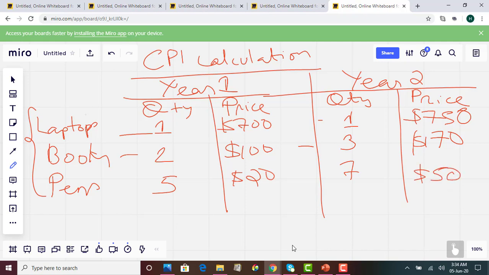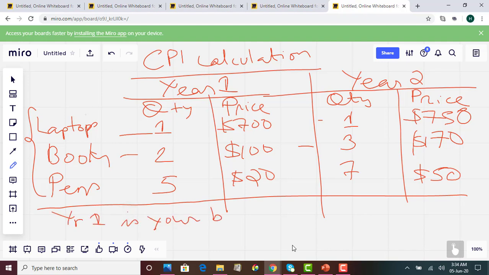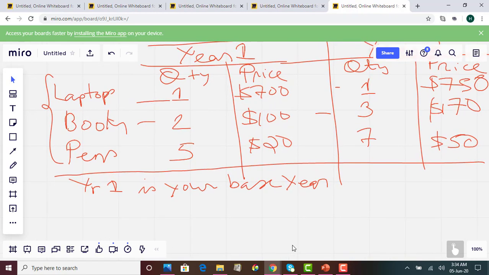We are also given that year one is your base year. So this information is given to you. Now I will start asking you questions. First question based on this table.